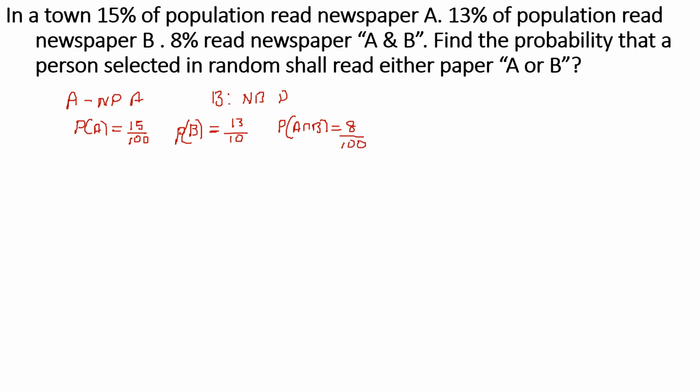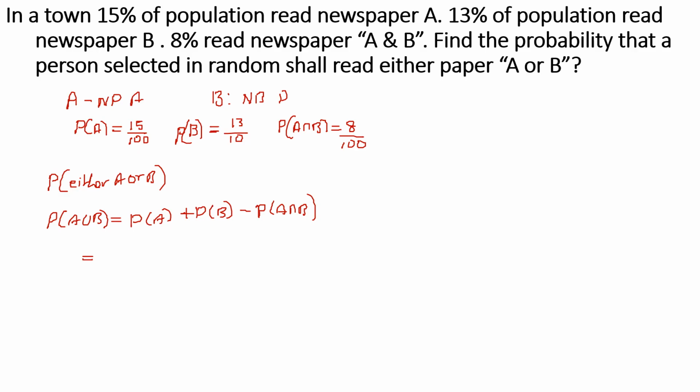Since we have to find the probability of people who read either A or B, that is denoted by the probability of A union B. Using the addition rule, we have probability of A plus probability of B minus probability of A intersection B. That will be equal to 15 by 100 plus 13 by 100 minus 8 by 100.